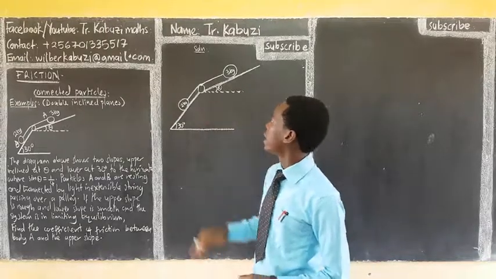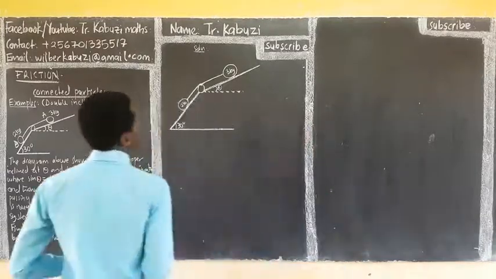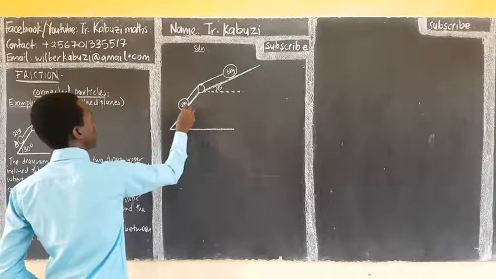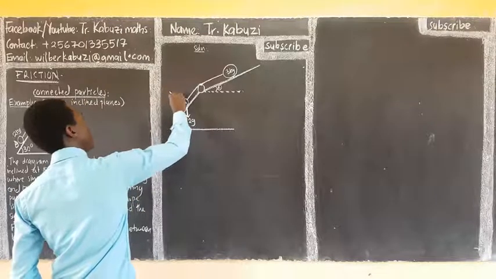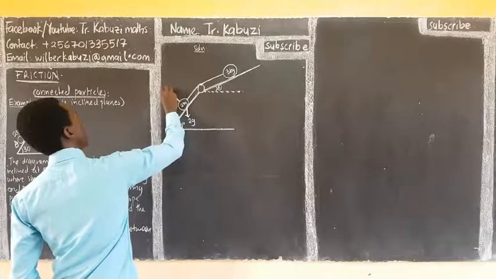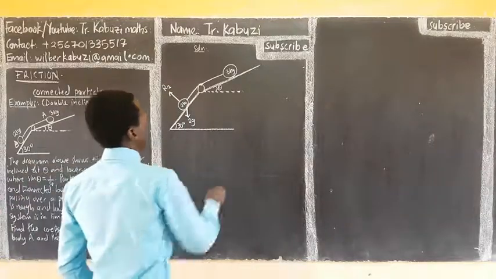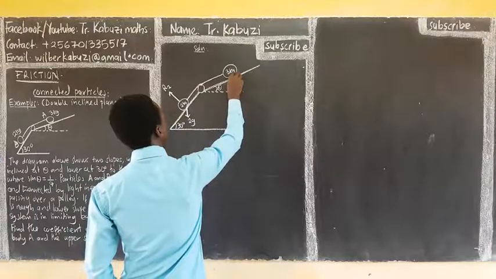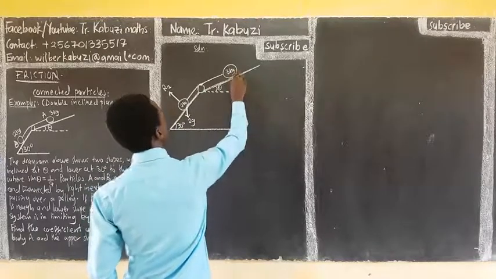So this is our body A. After drawing that, we first put in what we expect. We expect this weight to be a mass times gravity. It's going to have a reaction, let us call it reaction of mass 2, R2. Even this one is going to have the same. It's going to have a weight there, which is going to be 3g.